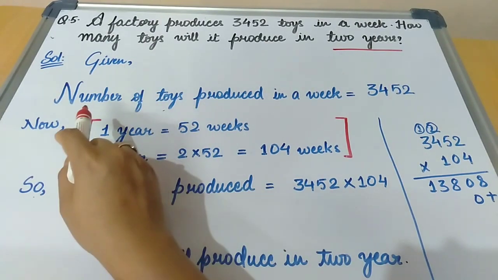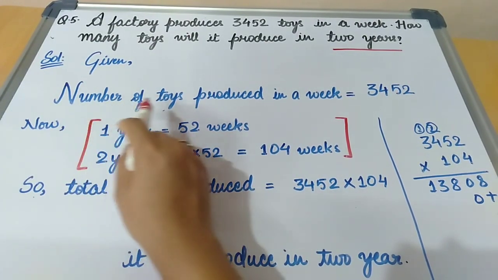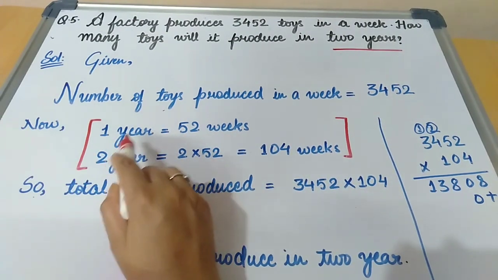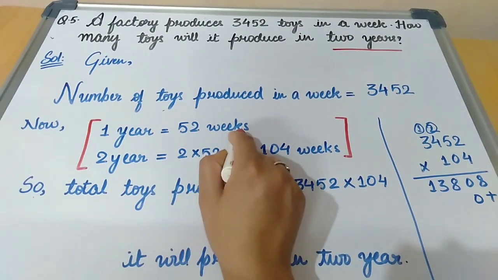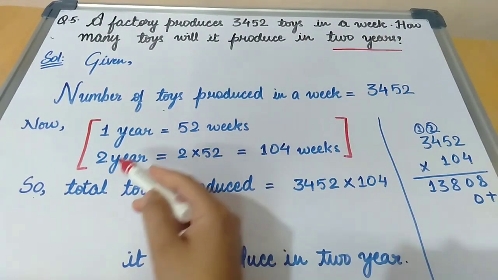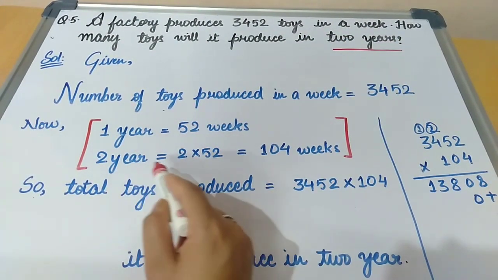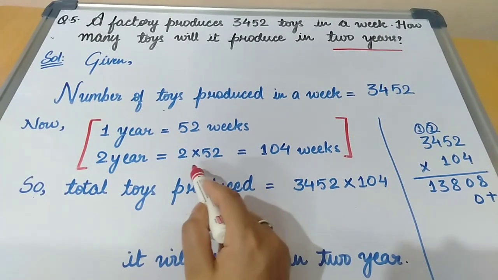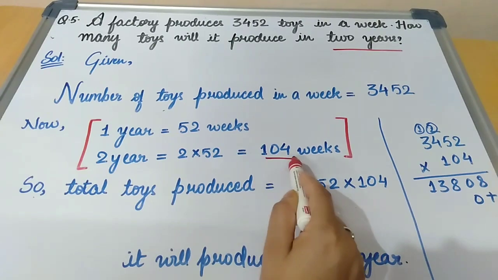Okay, so first we will write the given information, number of toys produced in a week, this much. Now 1 year equals 52 weeks. There are 52 weeks in a year. So since there are 2 years, we will convert it. 2 years equals 2 into 52. We will multiply, we will get 104 weeks.